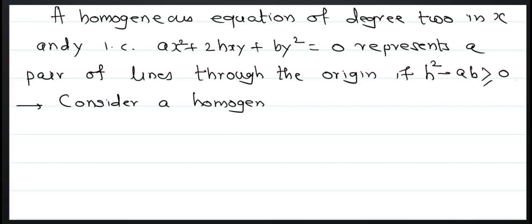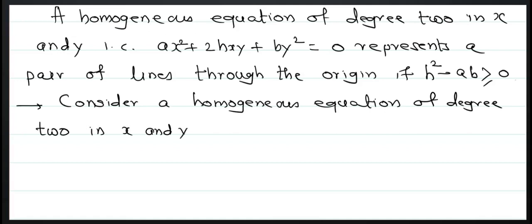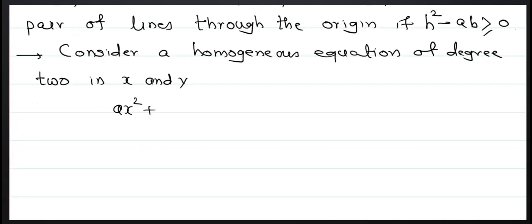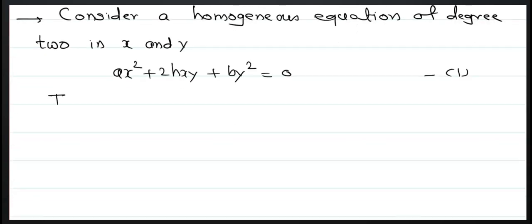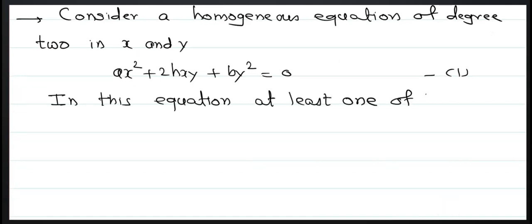Now consider the homogeneous equation of degree 2 in x and y: ax square plus 2hxy plus by square is equal to 0. This is first. It's a theory question. It is on page number 116 in the textbook.